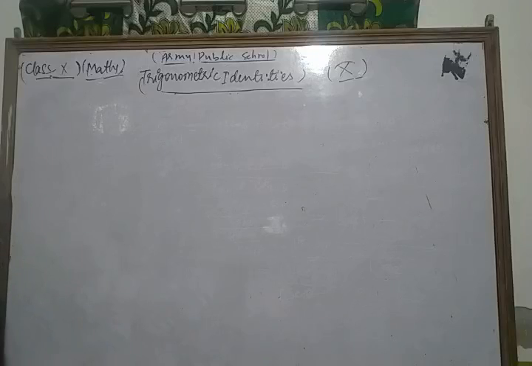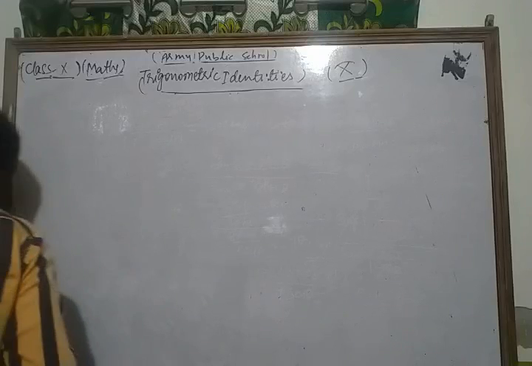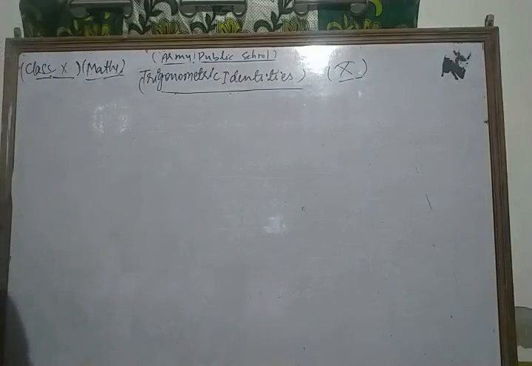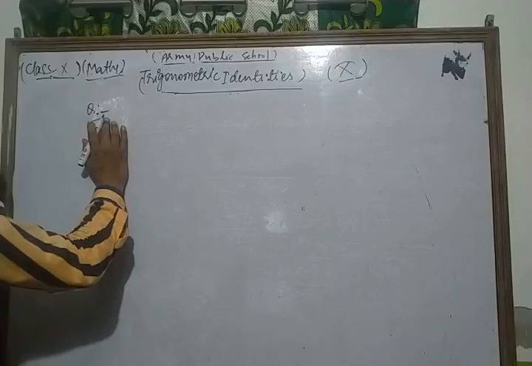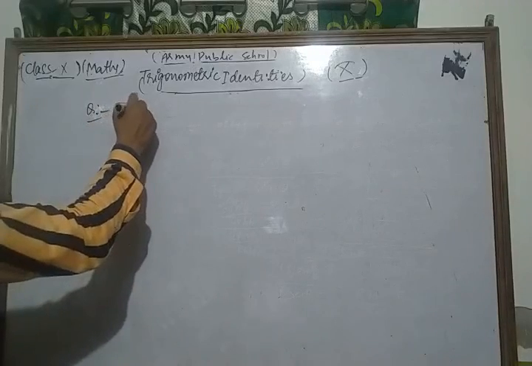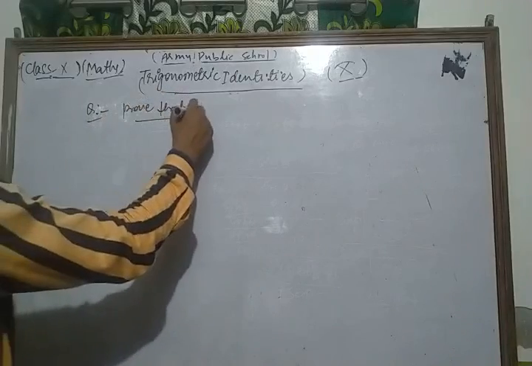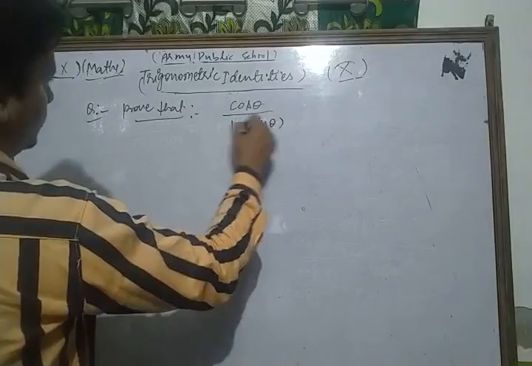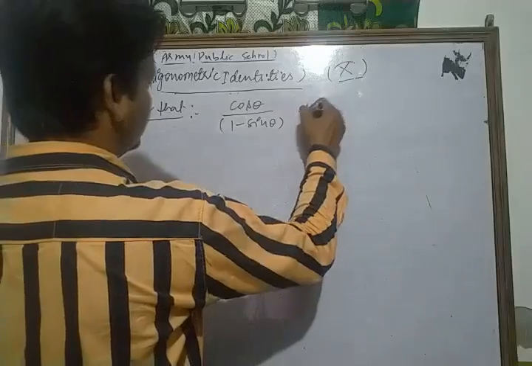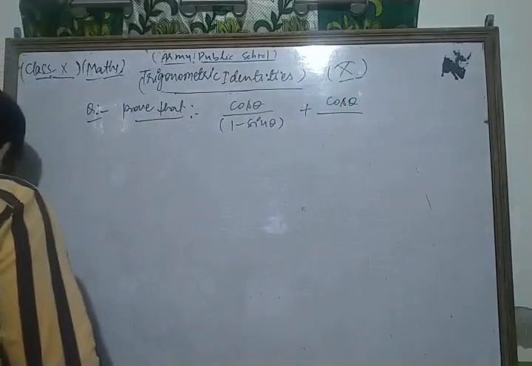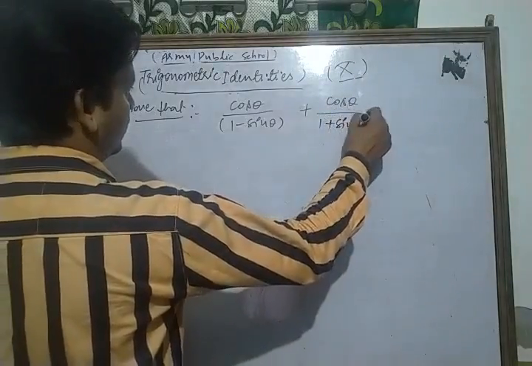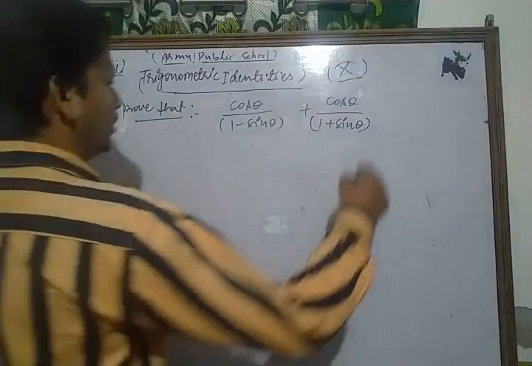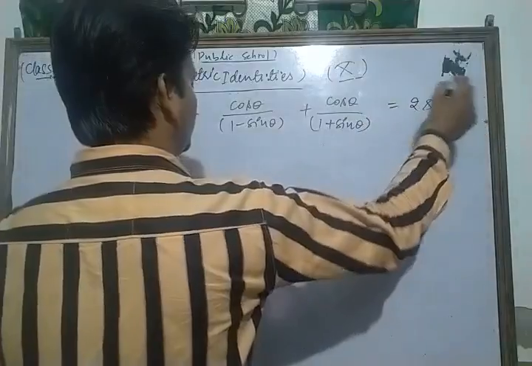Your question is, prove that cos theta upon 1 minus sin theta plus cos theta upon 1 plus sin theta is equal to 2 sec theta.